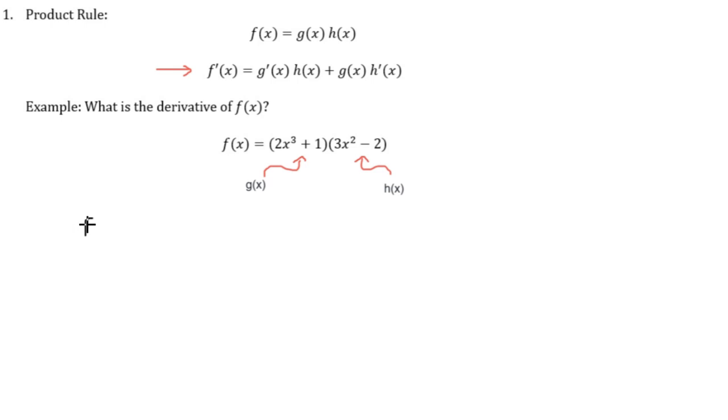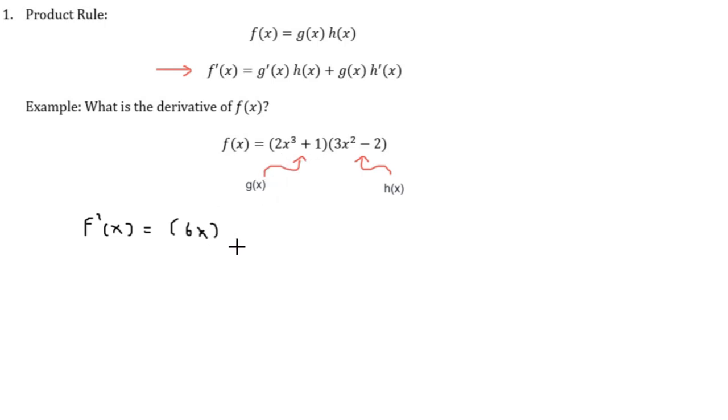Here we have f prime is equal to, so you're going to take the derivative of g of x, which is 6x squared, because the derivative of a constant is 0.